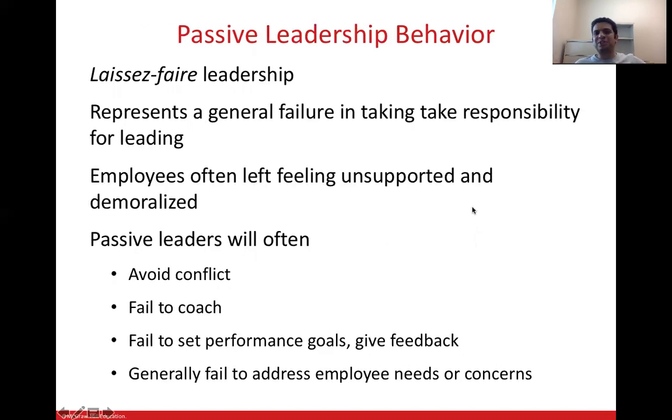There are also behaviors that we don't want to exhibit, such as showing that we don't care about leading people. We don't provide that common vision. We don't provide that proper support for the employees.